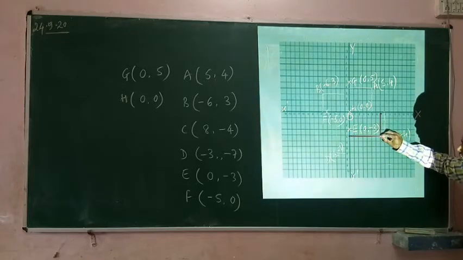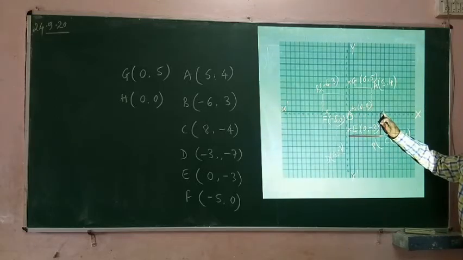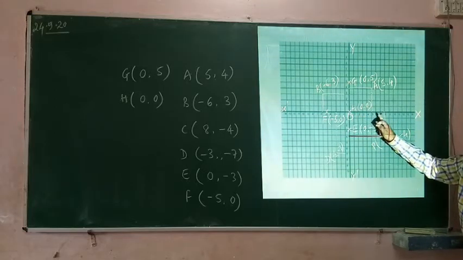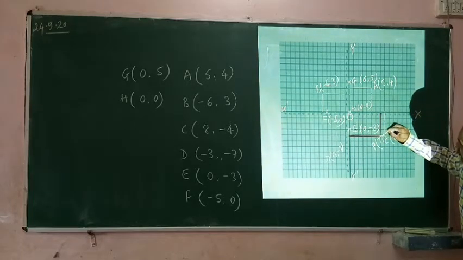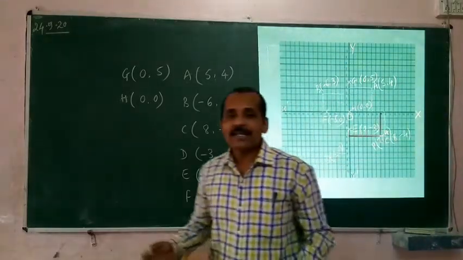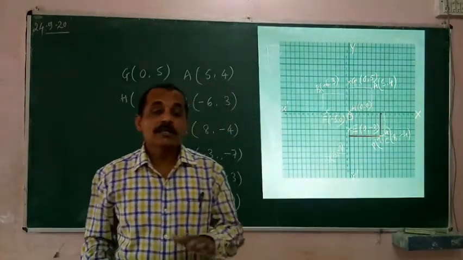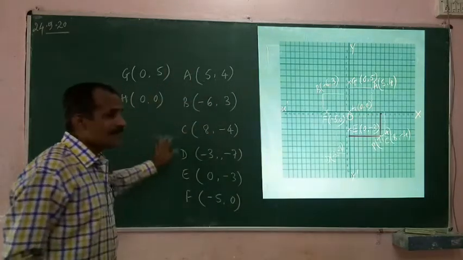So this point, I will call it point P. Its coordinates are 7 and -4. This is how coordinates can be plotted on a Cartesian plane. My dear children, note all these things.